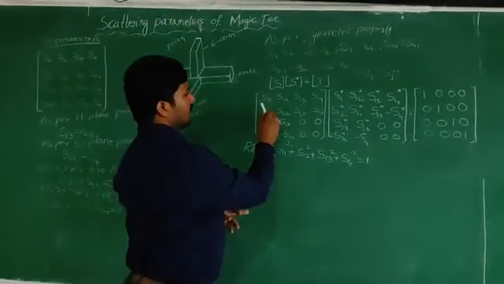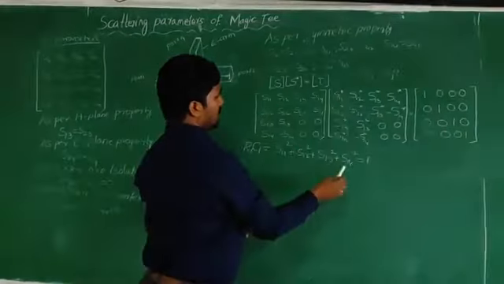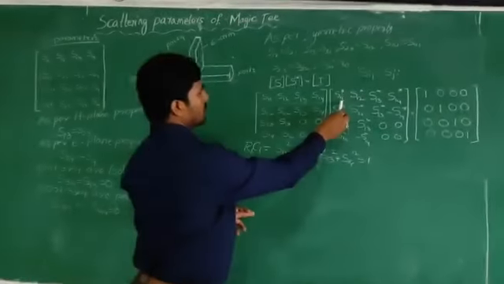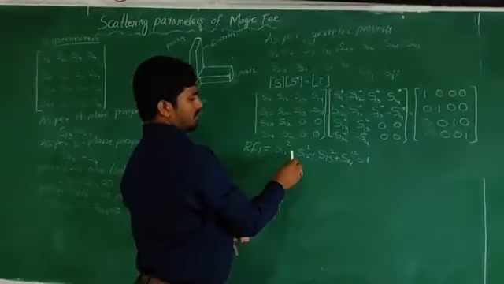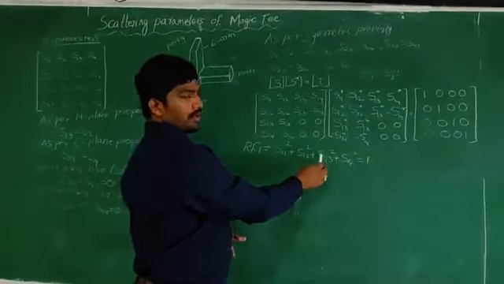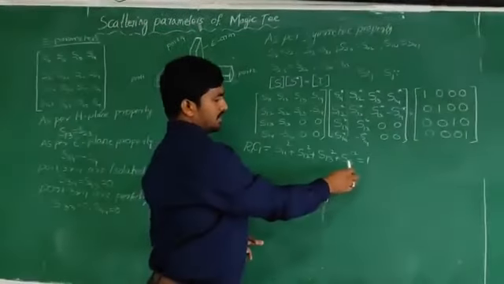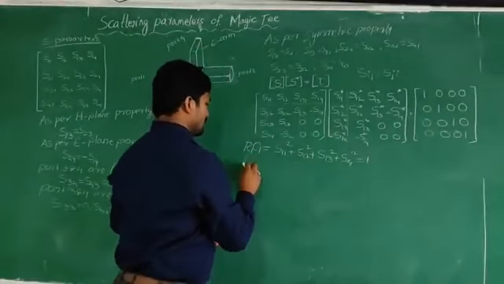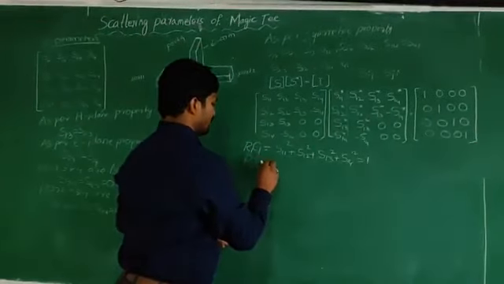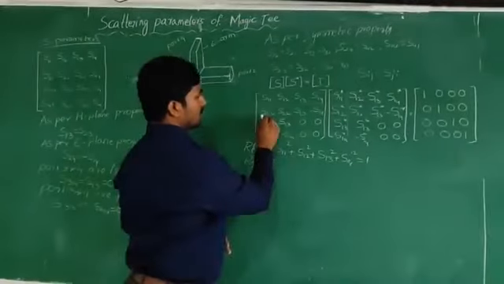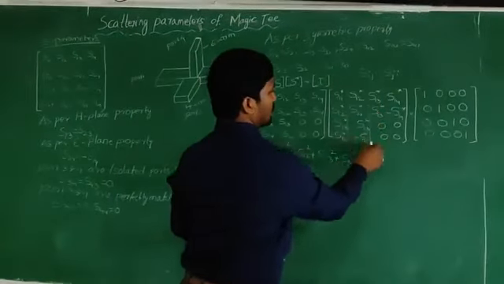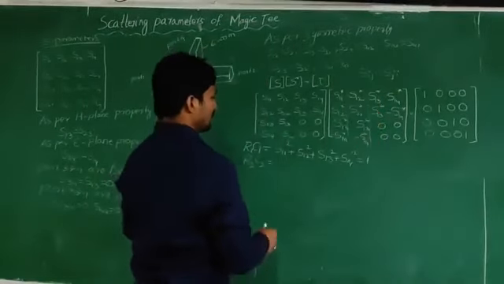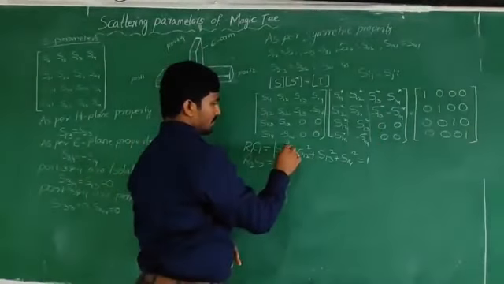Okay, now first we are taking R1 C1: modulus S11 square plus S12 square plus S13 square plus S14 square is equal to 1, and it is R2 C2, that is row 2, column 2. Actually, in between we have to calculate the modulus.